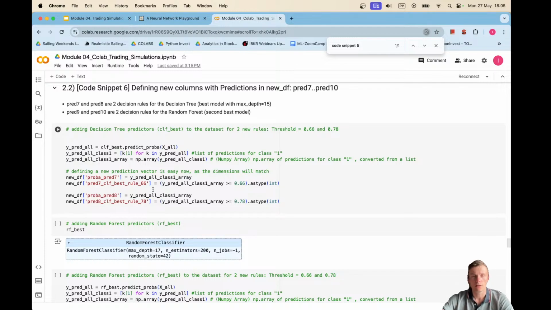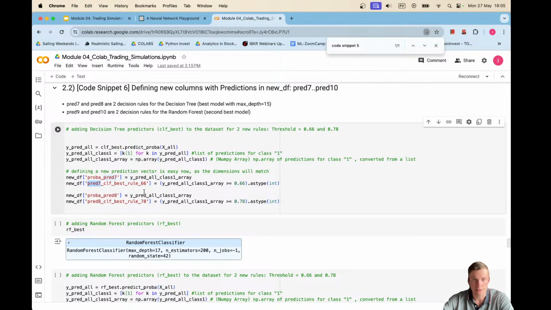So first, for a decision tree we have two rules: prediction 7, best rule more than 66%, and prediction 8 for a decision tree classifier, best rule more than 78%.